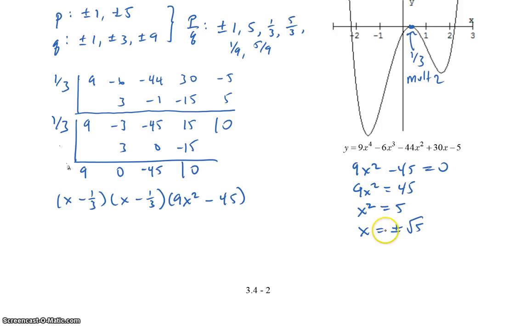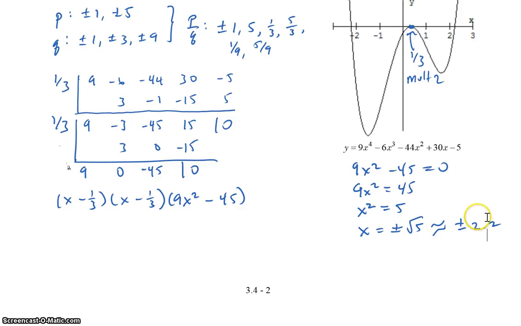Again, you see we're getting irrational solutions here. This would correspond to plus or minus approximately 2.2.